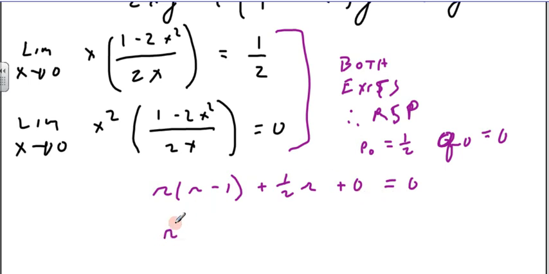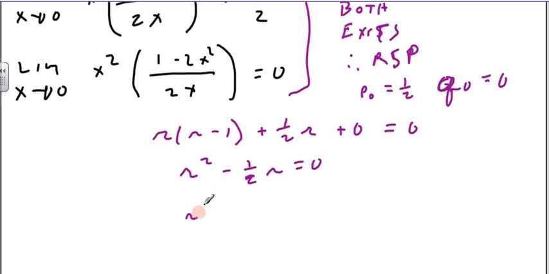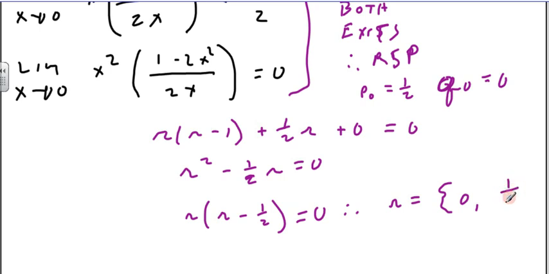So I have r squared minus 1/2 r is equal to 0. I can factor r out. r times r minus 1/2 is 0. Therefore, r is going to be 0, and r is going to be 1/2. Okay, so I know my r's.